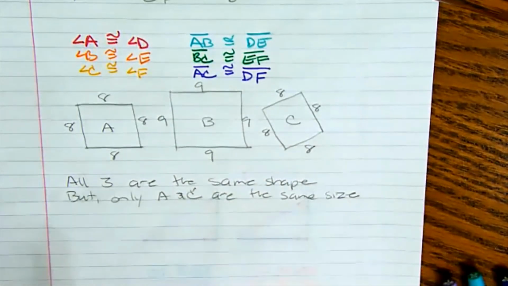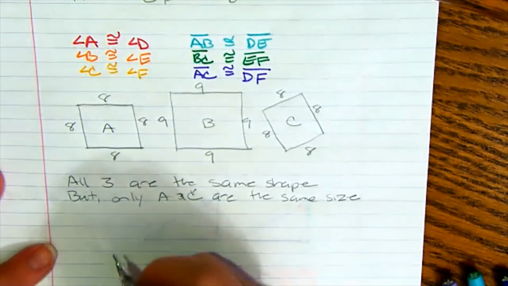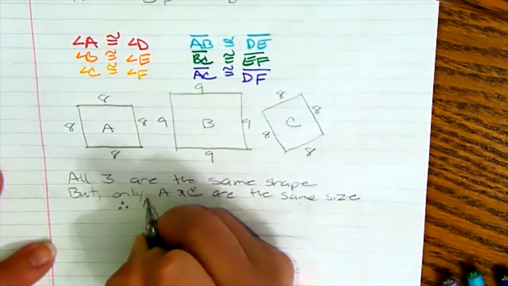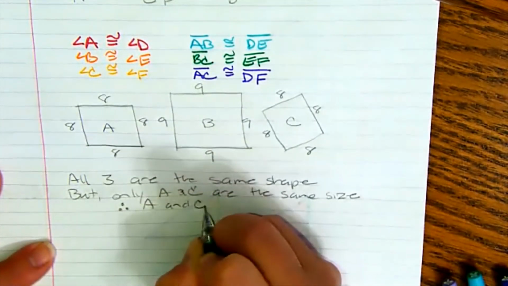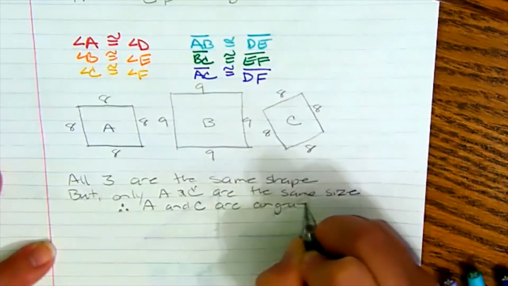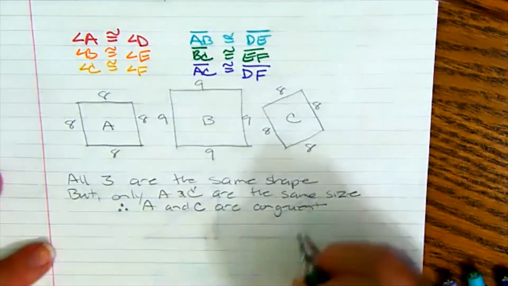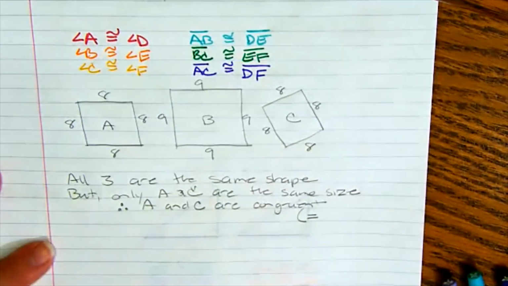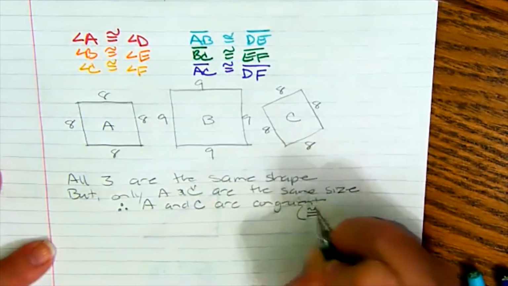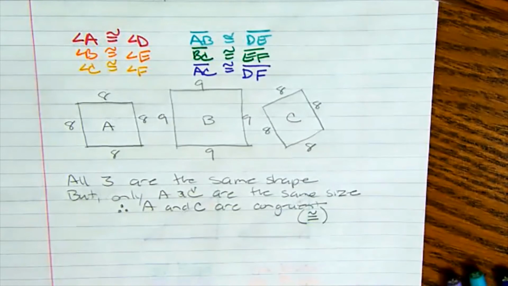It's okay if they're at a different orientation. They're the same shape and the same size. Therefore, A and C are congruent. And remember the symbol for congruence, it's that equal sign with the tilde on top. Okay, congruent.